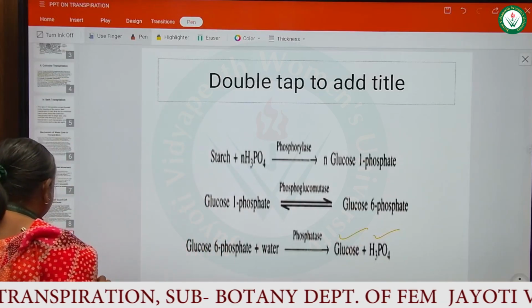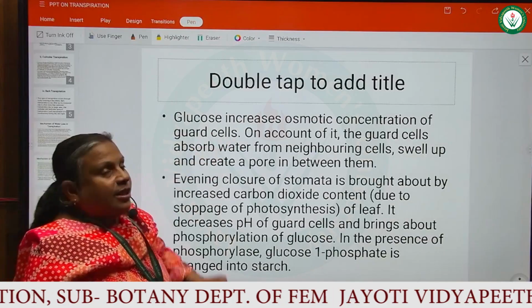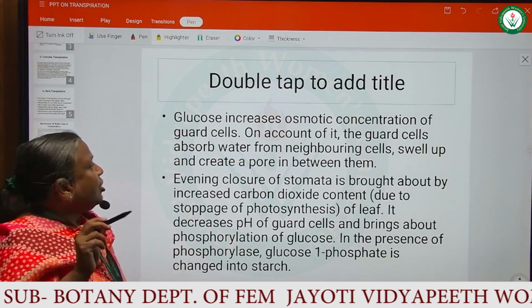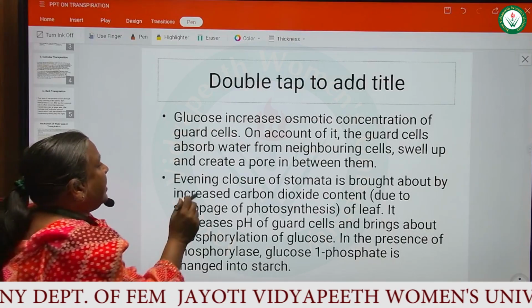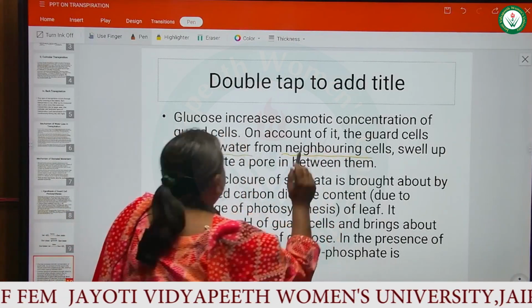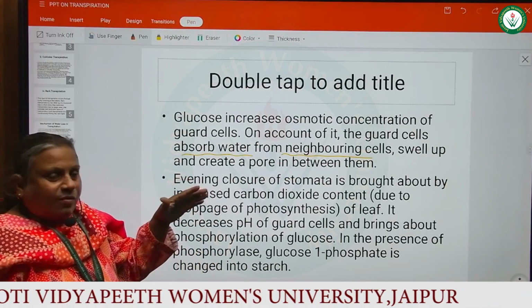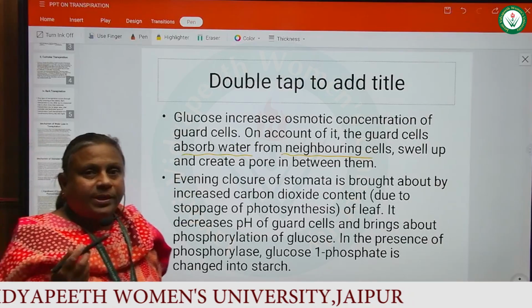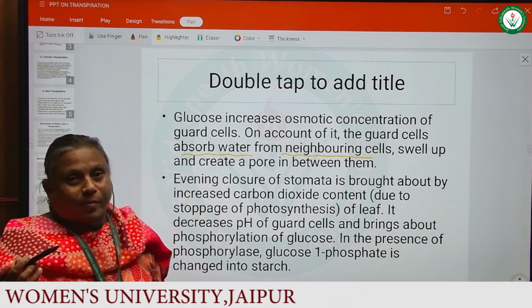This glucose increases the osmotic concentration of the guard cells. On account of it, the guard cells absorb water from the neighboring cells, swell up and create a pore in between them. And in the evening, there is a closure of the stomata.